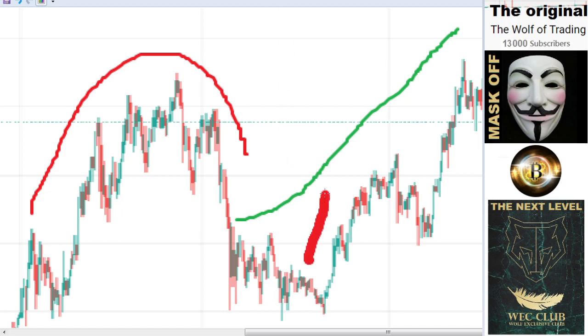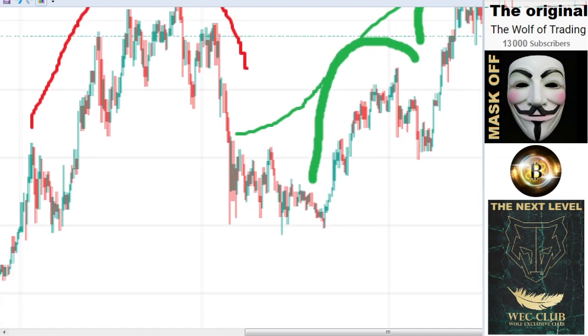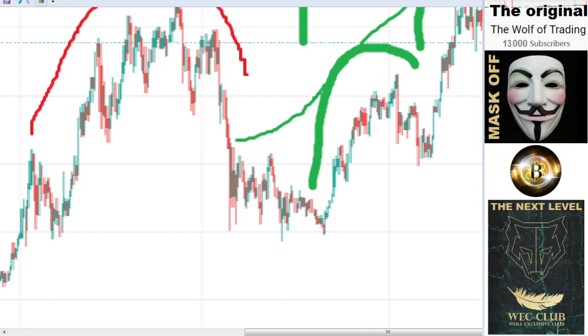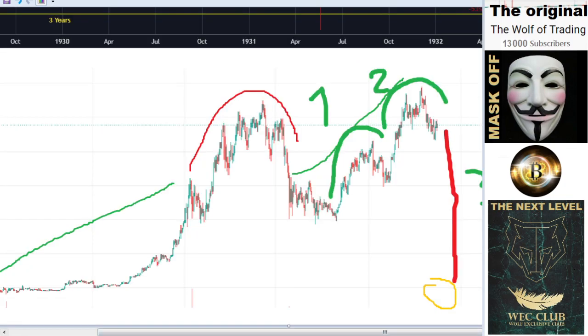So we make this here, 1. We could take another, also the same if you want. 1, 2. And then this is 3. I make here 1, 2, 3. So look at this chart.